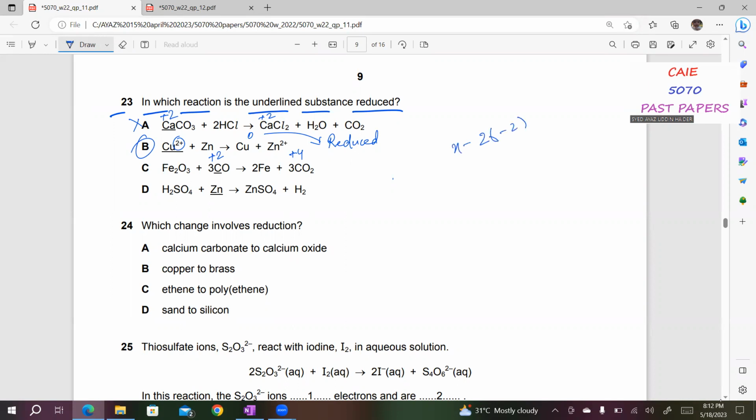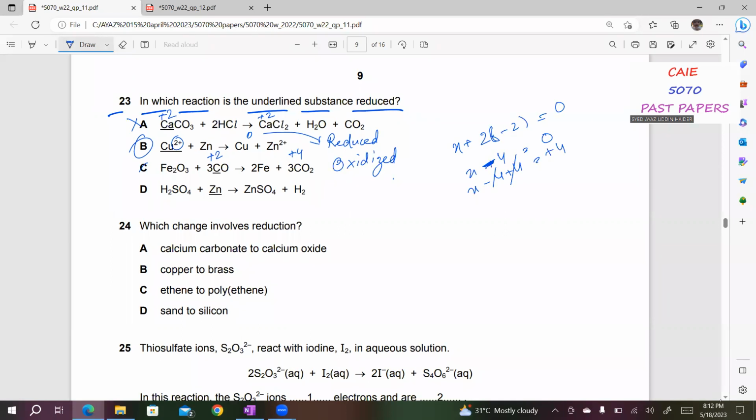If you take X as the charge for carbon, X minus 4 is equal to 0, so X is plus 4. So this is also wrong. Carbon is oxidized here.